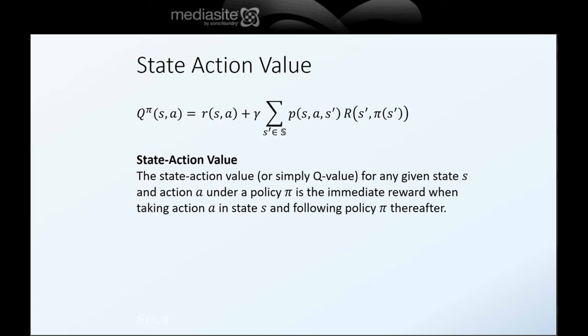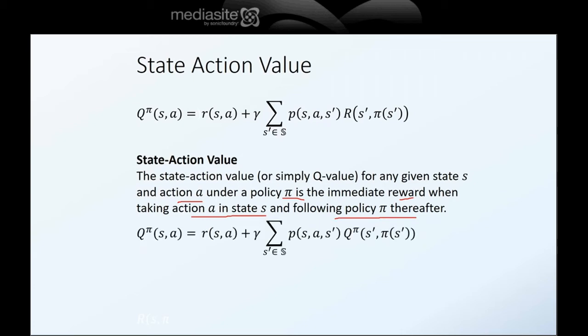So this is the formal definition of the state action value, or simply the Q value. The state action value, or simply Q value, for any given state S and action A under a policy pi is the immediate reward when taking action A in state S and following policy pi thereafter.